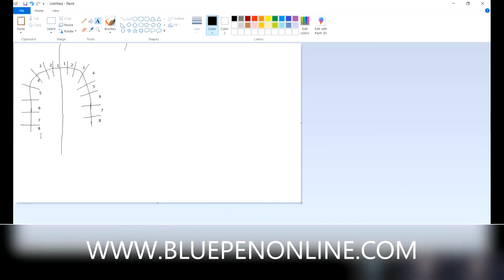So when it comes to Zsigmondy-Palmer, you have to divide the teeth into 4 quadrants. This is upper left, this is upper right. Lower I have not drawn, it is just similar to upper, it just reflects down.